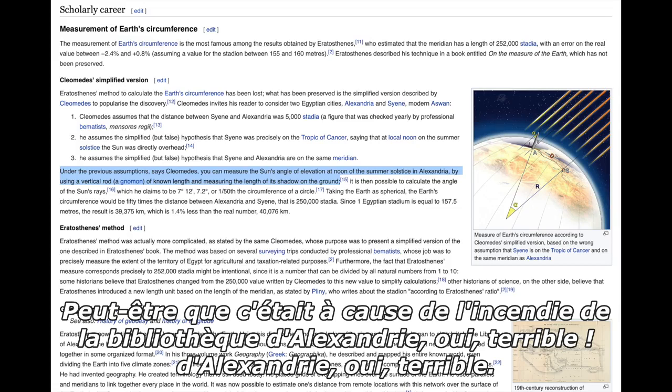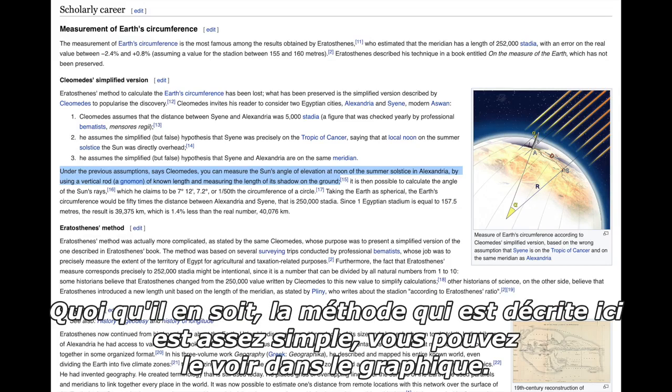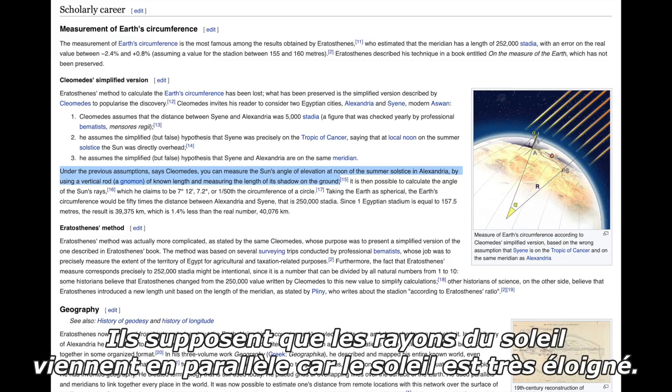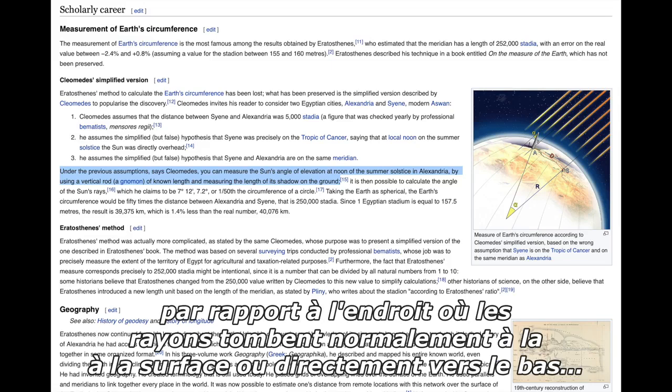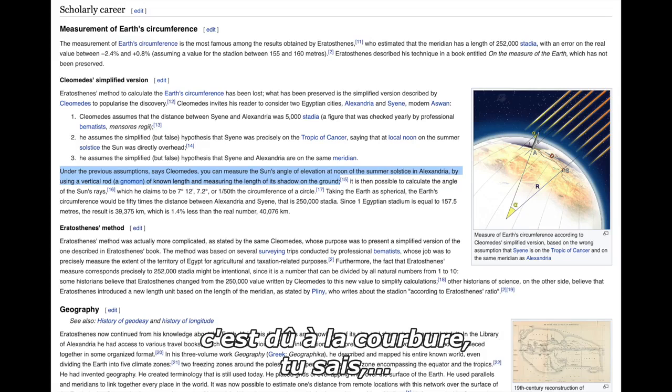Terrible. Anyway, the method being described there is quite simple. You can see in the graphic. He assumed that the solar rays come in parallel because the sun is really distant, and so any difference in shadows at a different location, relative to where the rays fall normal to the surface, or straight down, is all due to curvature.